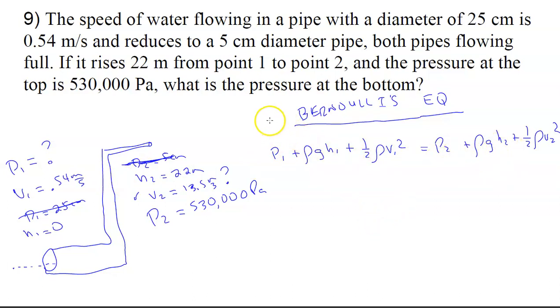We're looking for the pressure at the bottom, P1. So I need to subtract these two terms from both sides, and actually h1 being 0, rho times g times 0 is 0. That one goes away. If I could just move that 1 over, then we'd be okay.